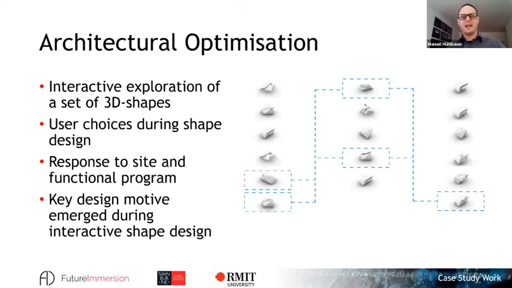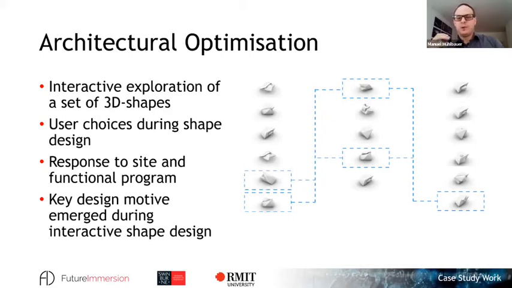During the interactive exploration of the 3D shapes, designers chose different solutions, always thinking about what the final outcome should be: these kind of elongated shapes that give a boundary to the site and allow intimate communication between the users of the museum from the entrance side.